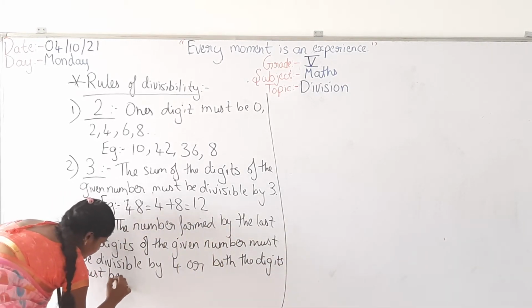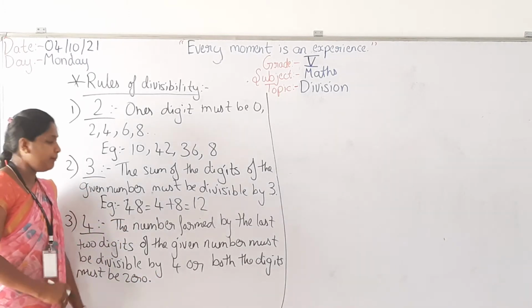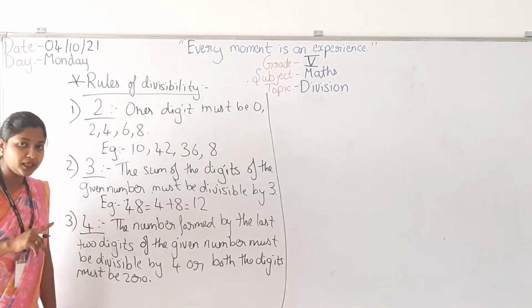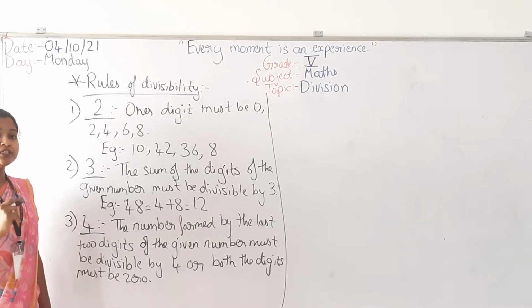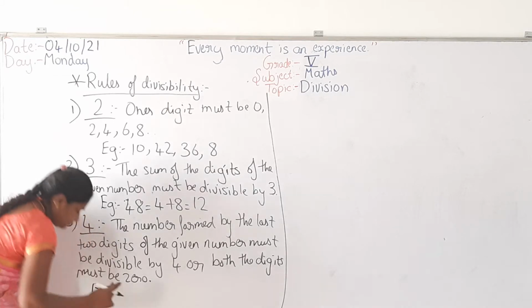So what is the rule for 4? The number formed by the last two digits of the given number must be divisible by 4 or those two digits should be 0. For example, see here.